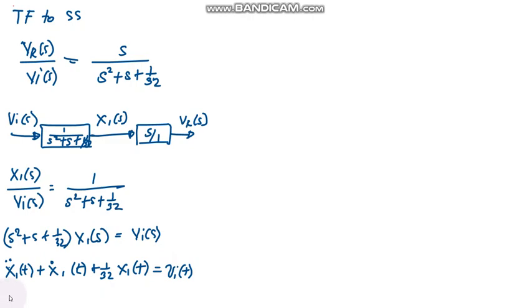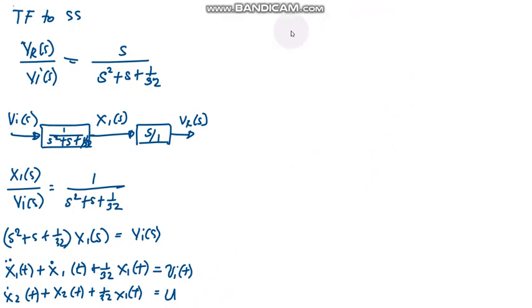And as we know already, the equivalent of x1 double dot is equal to x2 dot of t, and x1 dot is equivalent to x2 of t, and of course the 1 over 32 x1 of t. And we know already from the previous slide that for vi of t, we use the notation u, no, for the input.